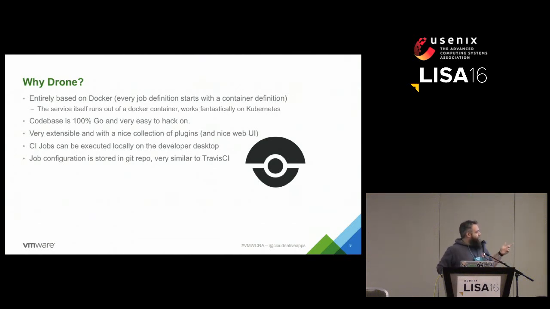Also, one thing that I would say is pretty unique to Drone. I'm not sure if it's the only one, but given it relies only on Docker as the engine, there's a Drone CLI utility you can run on your computer, and given a Docker engine installed there or even remote, you can run the same CI job you're running on your infrastructure locally on your machine.